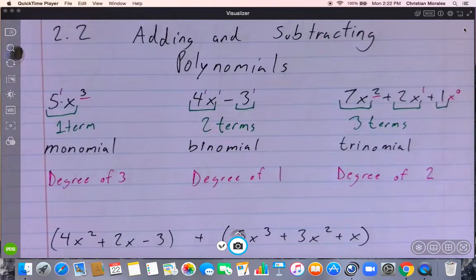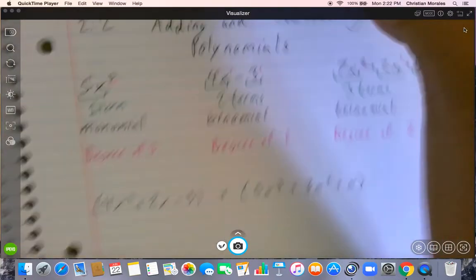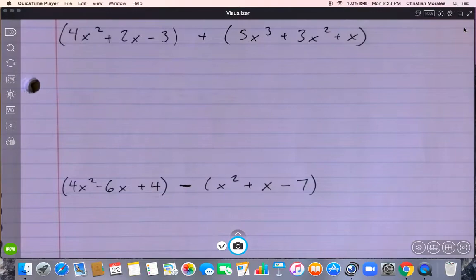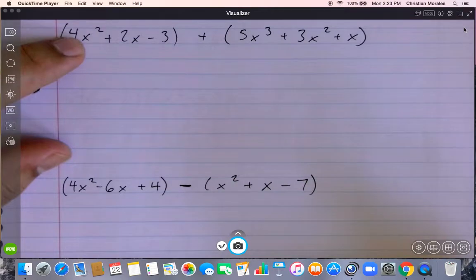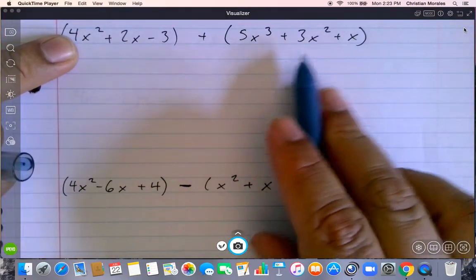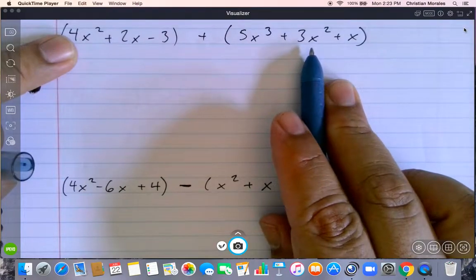Now, let's do a couple problems for polynomials. What if you wanted to add polynomials? Okay, so if we're going to add, you have to combine like terms only. Only the like terms. And what I mean by that is not the numbers, it's the variable and the exponent. So for example, here, this one can only be added with this one.